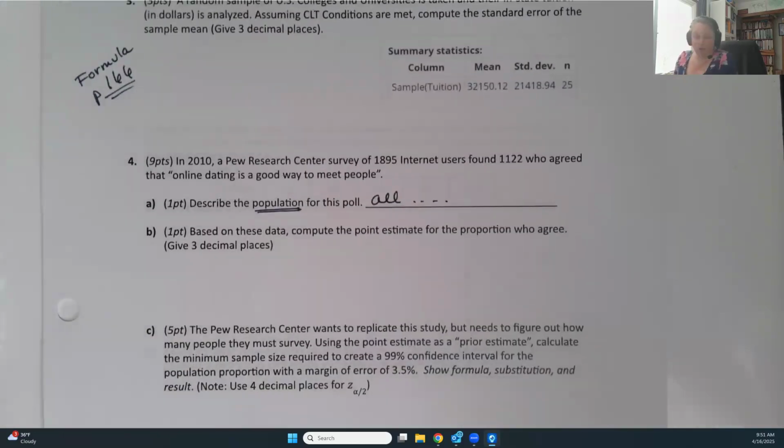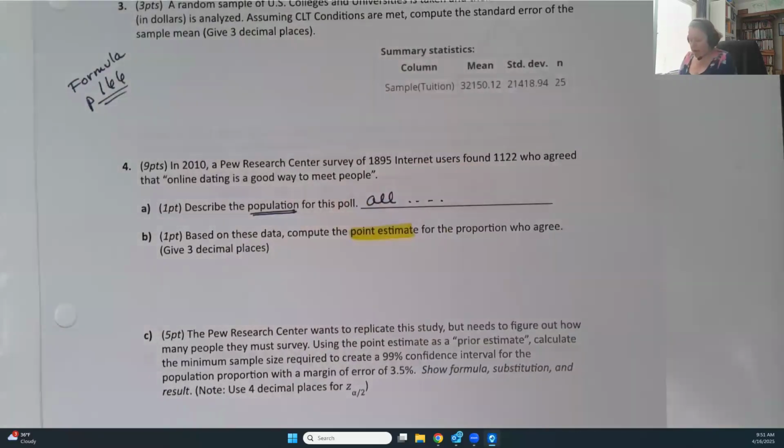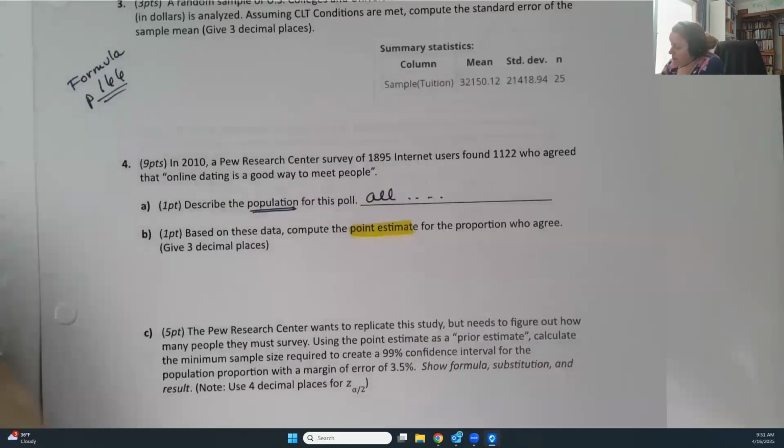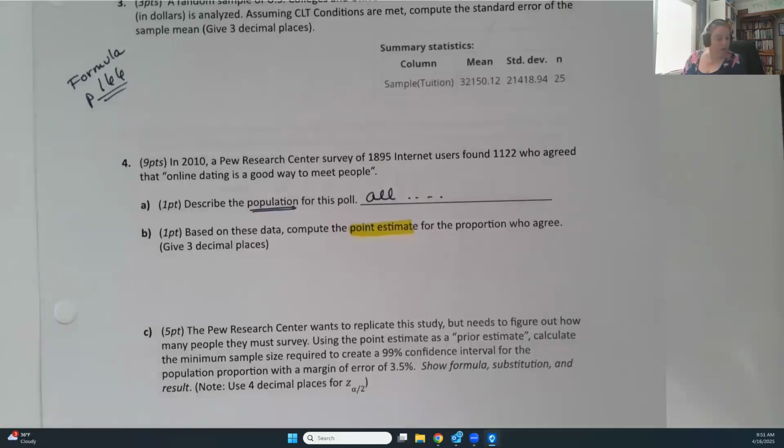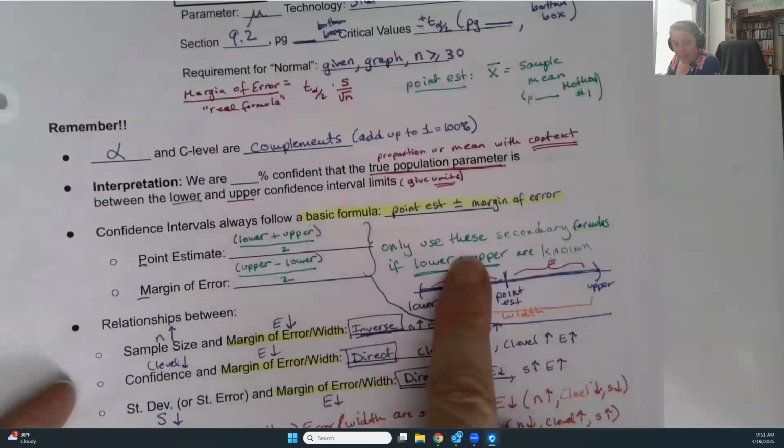Okay, number 4. This was an actual exam question. I remember grading this exam question. You can tell because I left the points in there accidentally. A lot of students got confused because they were like, point estimate. Well, the point estimate is, hold on, let me grab page 189, the flow chart. They were like, oh, it's lower plus upper divided by 2, but they forgot about this piece.